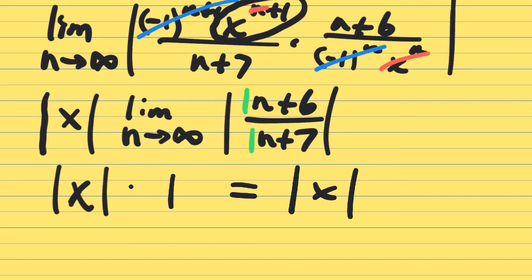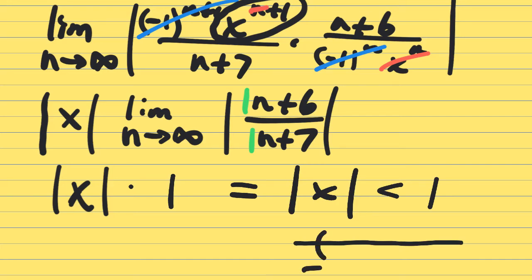For this to converge, that has to be less than 1, which is any number less than 1 unit away from 0 on a number line, because that's the definition of absolute value.